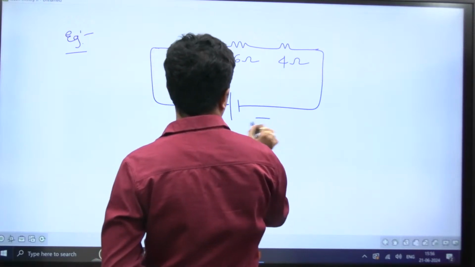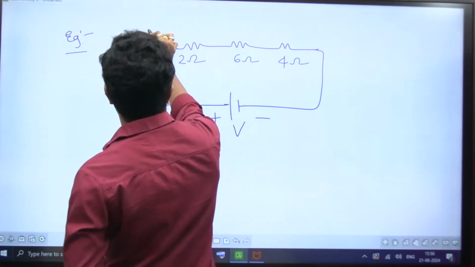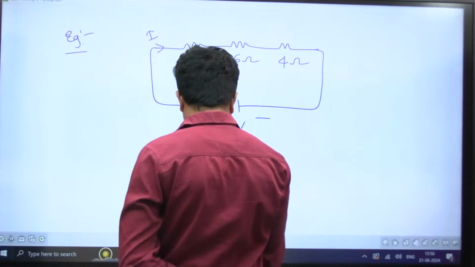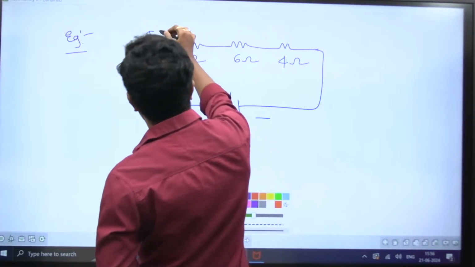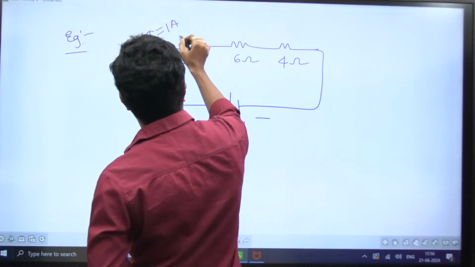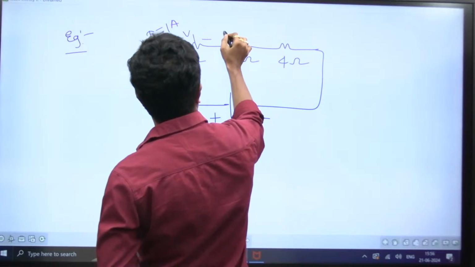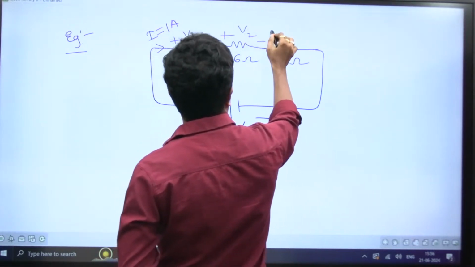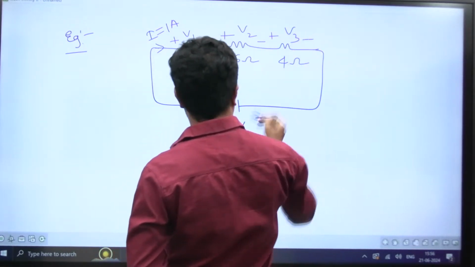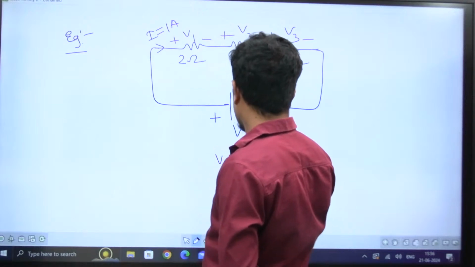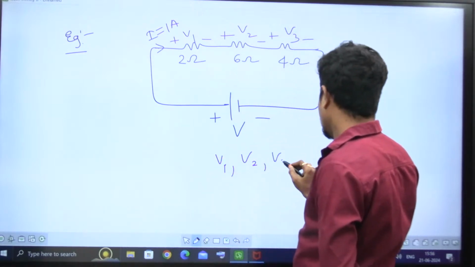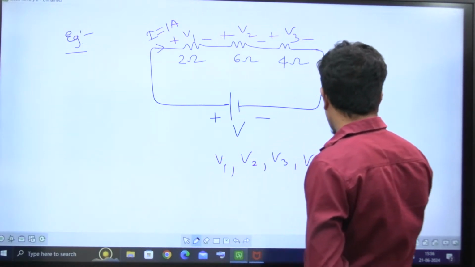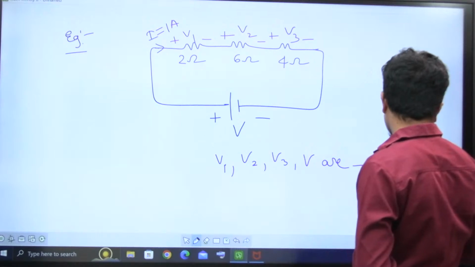This is plus minus V. This current is I, and I'm giving I is equal to 1 ampere. I want this voltage V1, this voltage V2, this voltage V3, and V. So V1, comma, V2, comma, V3, comma, V, respectively.